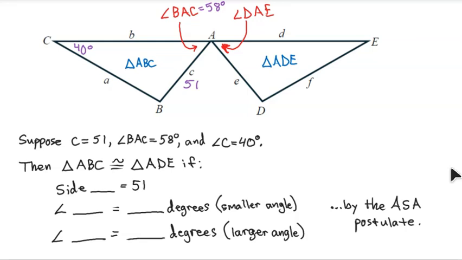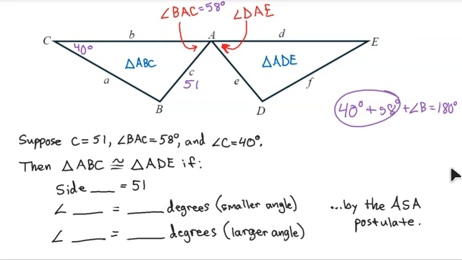postulate, okay? So we know that angle C is 40 degrees, plus angle BAC is 58 degrees, okay? And then if we add to that angle B, then that's going to equal 180 degrees, okay?